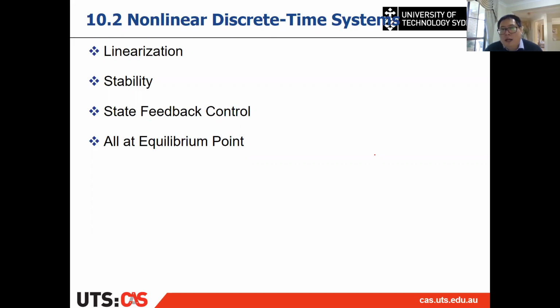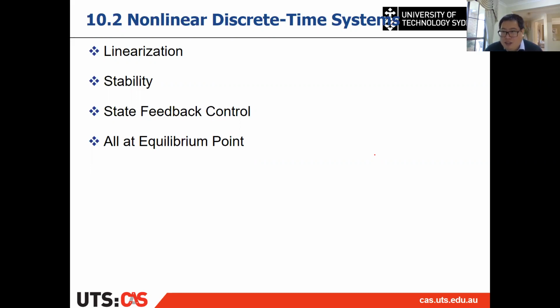Because it is nonlinear, we apply the first order Taylor expansion, then we can make the linearization. And because we linearize the system, then we can check the stability on the linearized system, at the equilibrium point. And here we use the equilibrium point because the equilibrium point never changes.